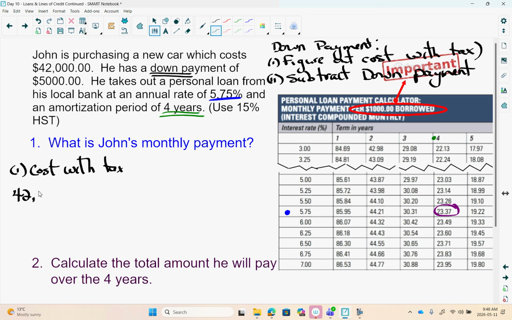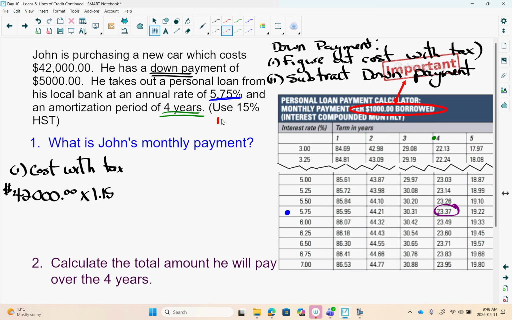And I'm going to multiply it by, what would I multiply it by if the tax is 15%? Think about what we did in chapter 2. Multiply it by 1.15. Awesome. Because the tax is going to increase the price. So does everyone understand where this number came from?